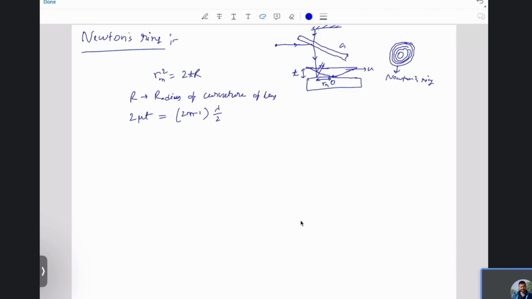Let's write it with m. So this is the condition for bright ring.